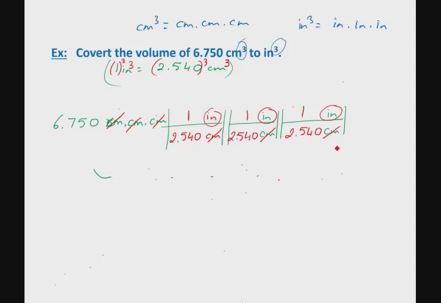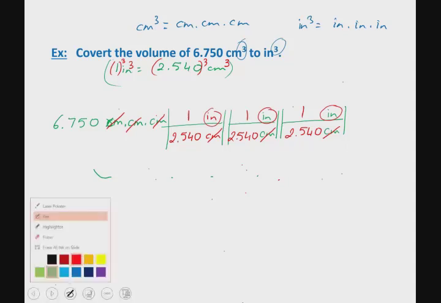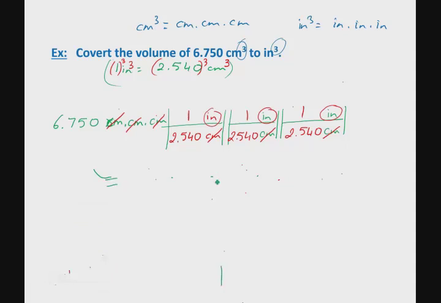Okay, so now when you've set up this equation, yes, the answer will be in inch cube, and the calculator answer comes out to be 0.411910273 units now are inch cube.